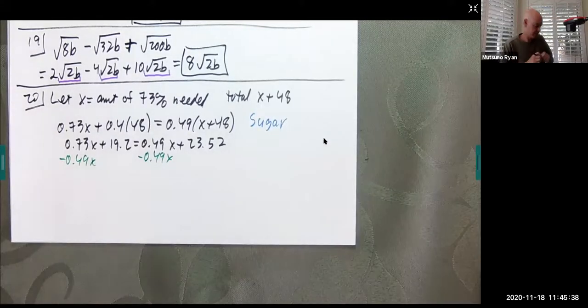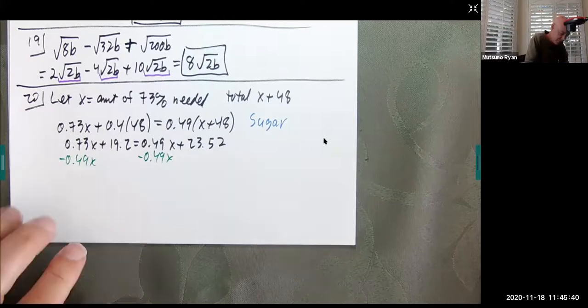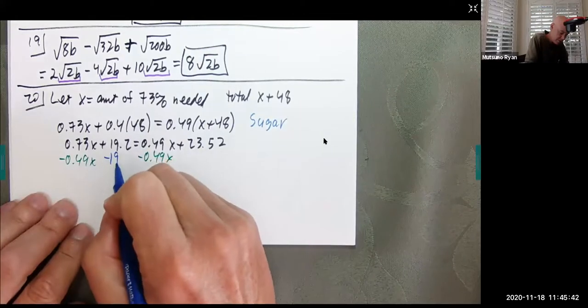So now I have a linear equation, and I'm going to move the x's to the left, and I'm going to move the non-x's to the right.